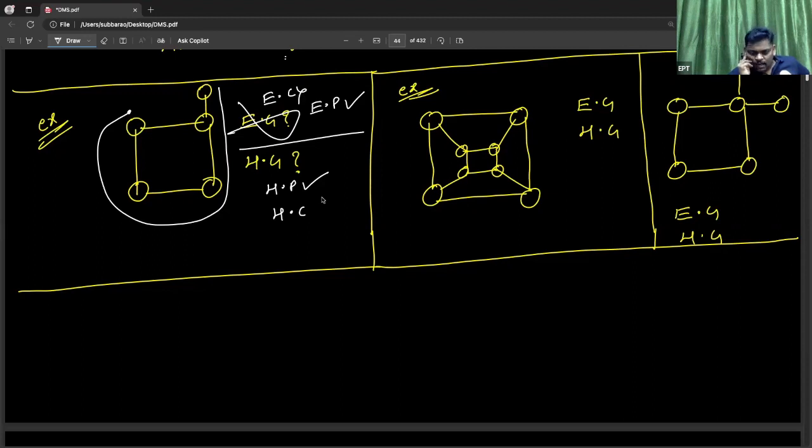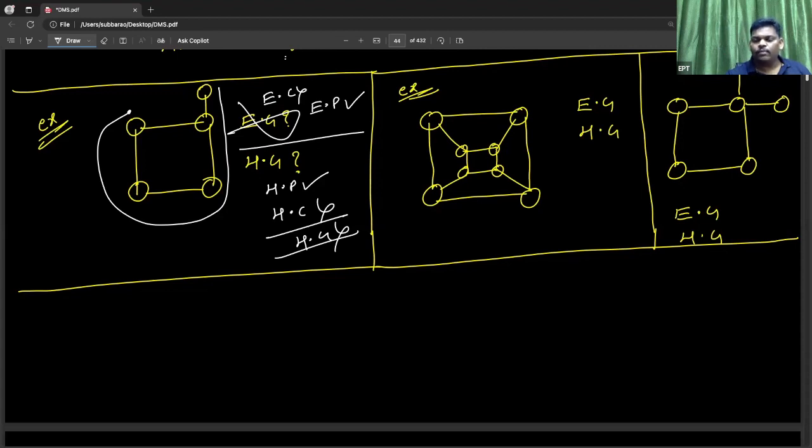Is there any chance of a cycle, where the starting vertex is equal to the ending vertex? It's not. So given graph is not a Hamiltonian graph. So first one, neither Hamiltonian nor Euler. Am I right? Is it okay?